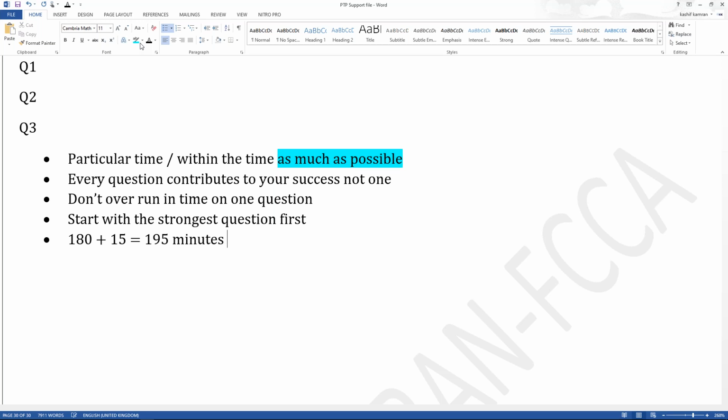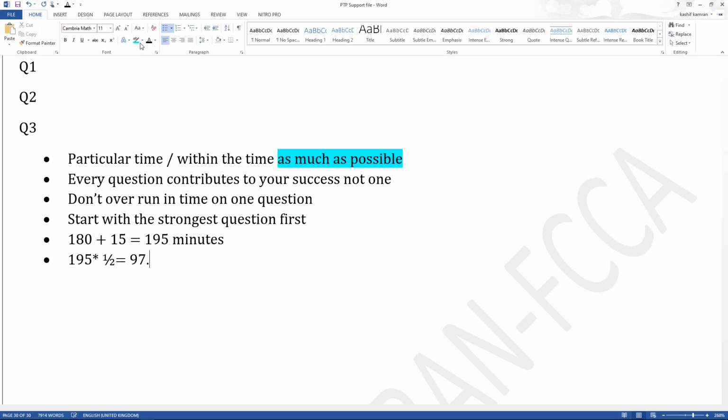Okay. Now 195 is to be divided. 195 multiplied by 50, because one of the questions is 50 into 100, is equal to how much? Half the time. What is exactly half of 195?